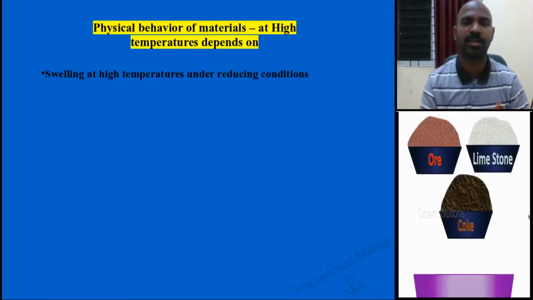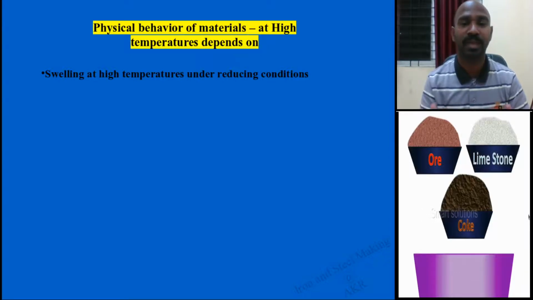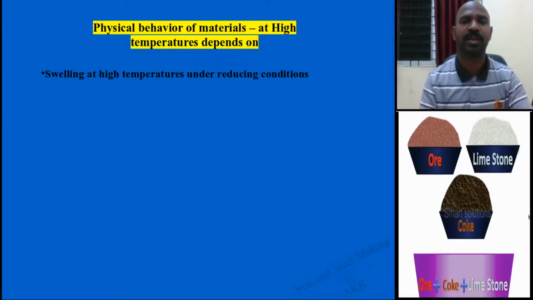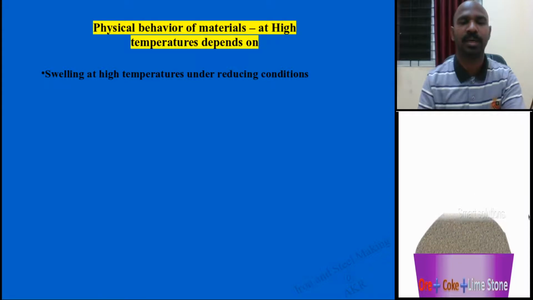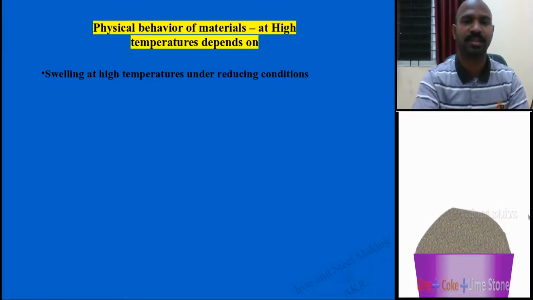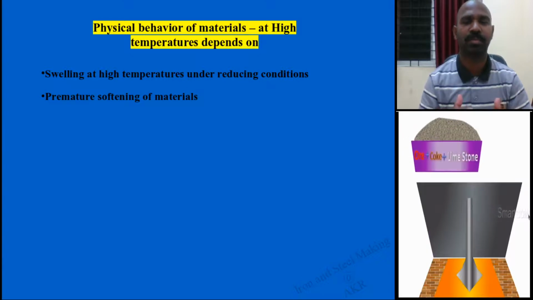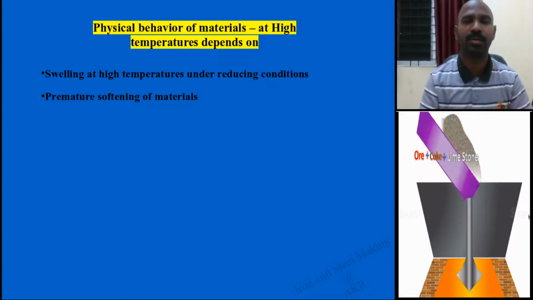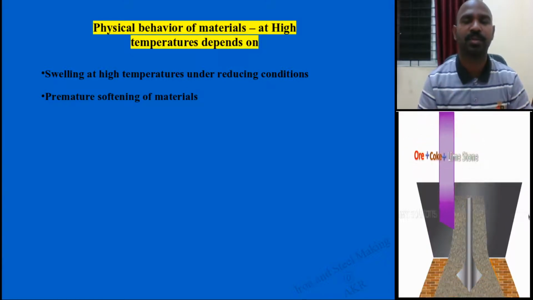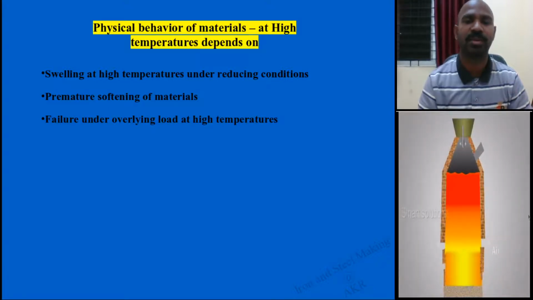One is swelling at higher temperature under reducing atmosphere conditions such as CO and CO2, and premature and partial burning of coke, softening of material, and failure, weight loss as the burden material of coke lies at higher temperature, how much failure, what is the partial burning.